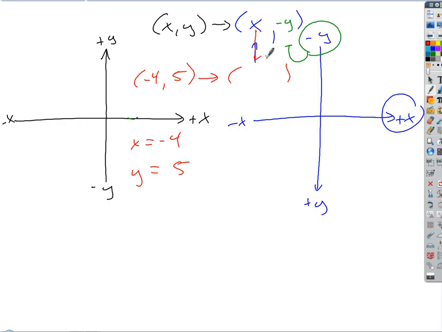So what do we get? Whatever x is, x doesn't change, so that part stays -4. What goes there? Negative y must be -5. Done. Once you come up with the rule, things are simple. Okay, so I'm just going to copy that rule.